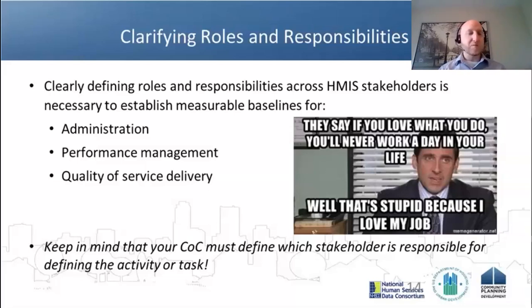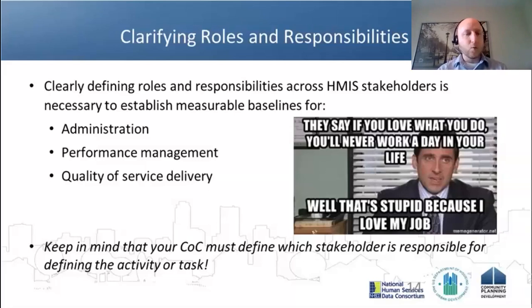Performance management is probably shared across at least the CoC's data committee, the HMIS lead, and of course your end users and HMIS participating providers. Quality of service delivery, if we want to think about something like the help desk function or training and technical support, is probably solely the responsibility of the HMIS lead, but not in every community.